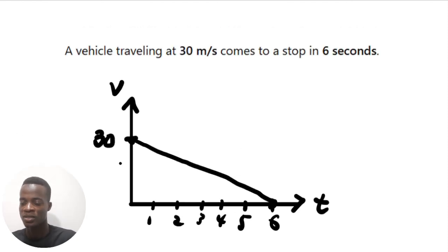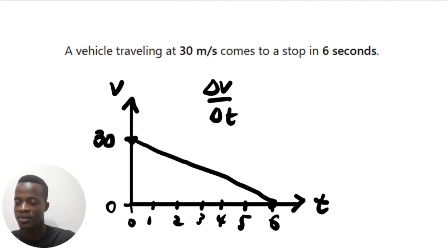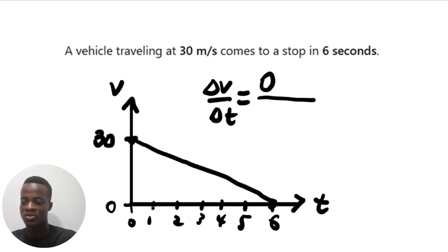Let's look at this one. This is from 30 to rest. At rest, the velocity is 0. So what are we calculating? Change in velocity over change in time. That will be equal to the final velocity, Vf. Be careful here: what we are getting to finally is the final velocity, so we are getting to 0, not starting with 30. The final velocity in this case will be 0.